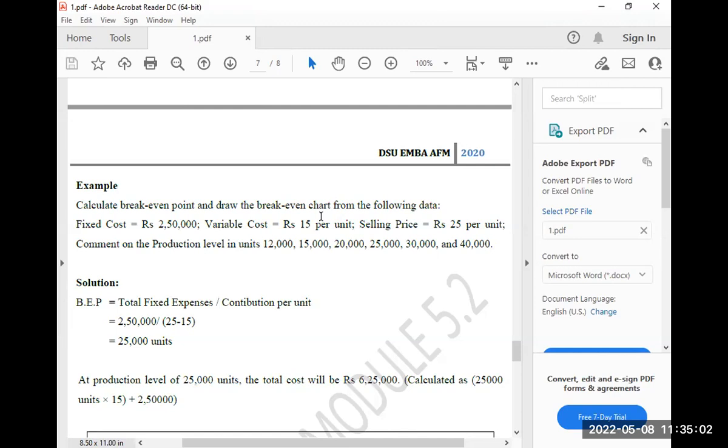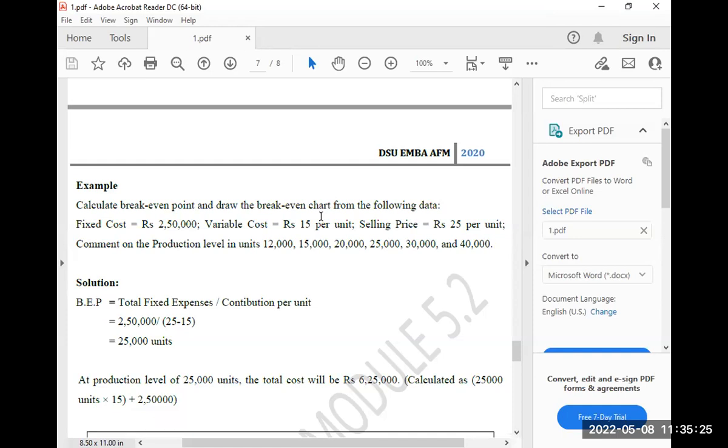The answer is rupees 10. Contribution per unit is equal to rupees 10. How is it rupees 10? This 25 rupees is the selling price per unit. 15 is the variable cost per unit. If you subtract 15 from 25, you will get 10 rupees per unit. That is contribution per unit.